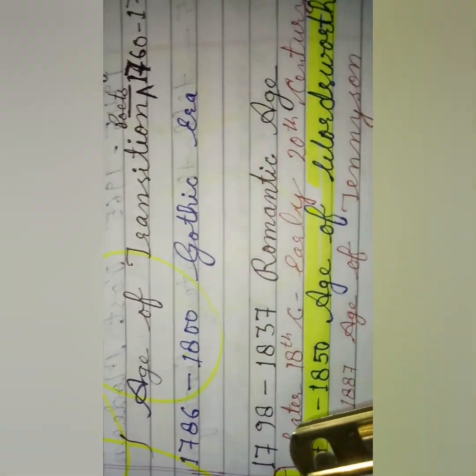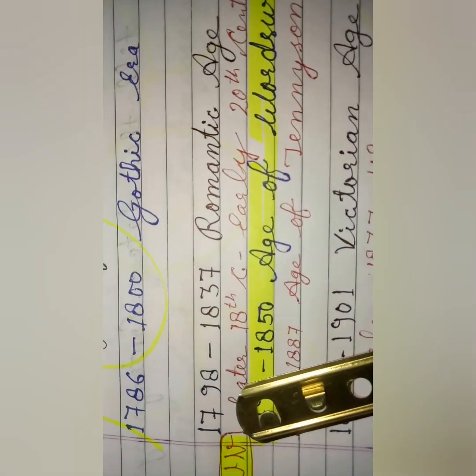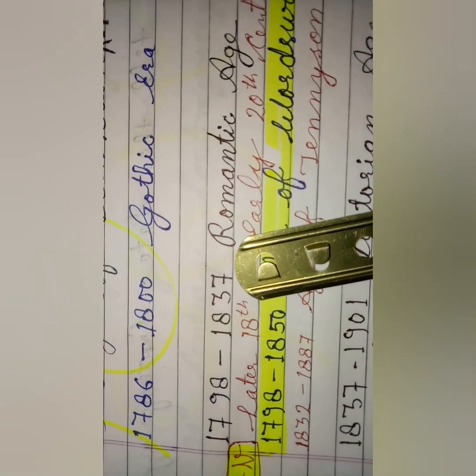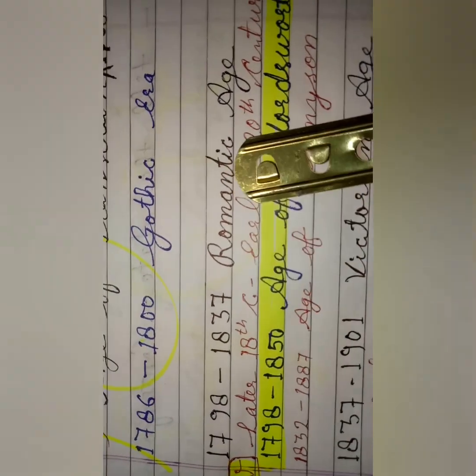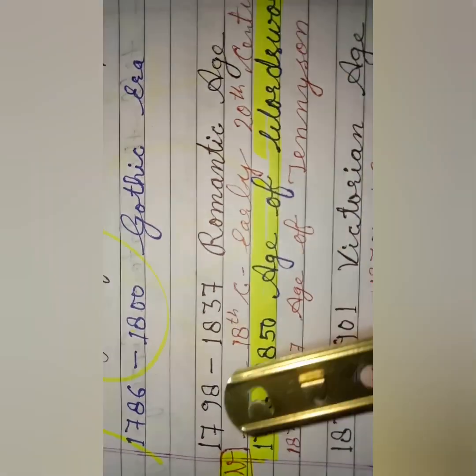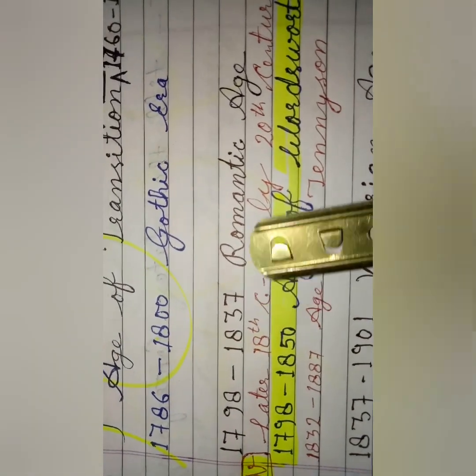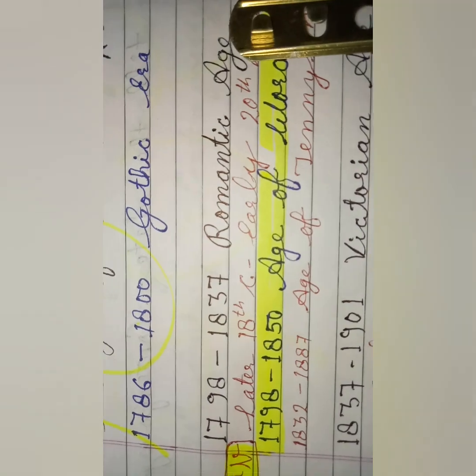The next one is 1798 to 1837, Romantic age.